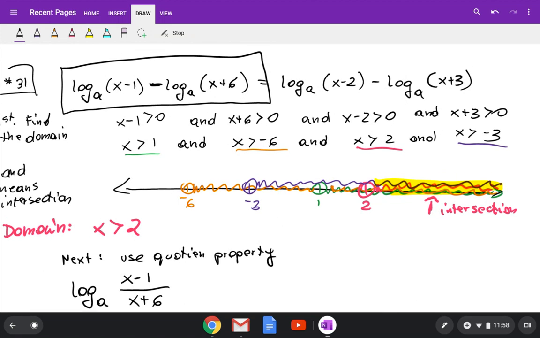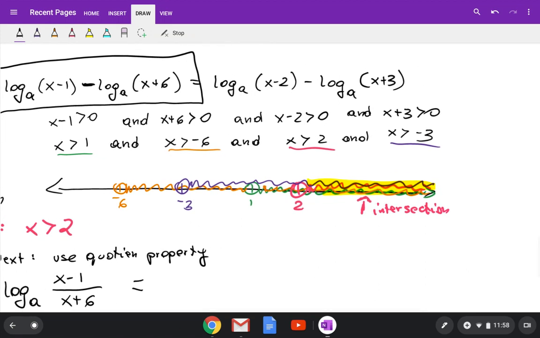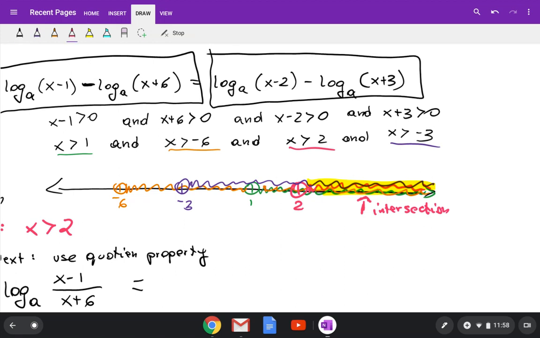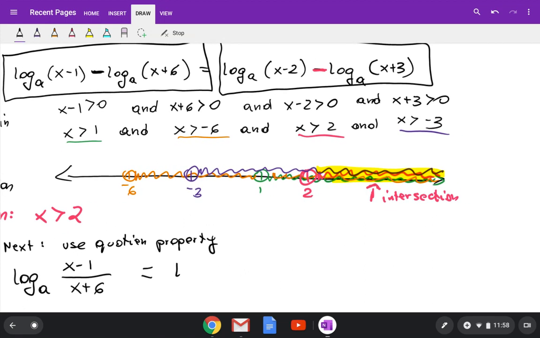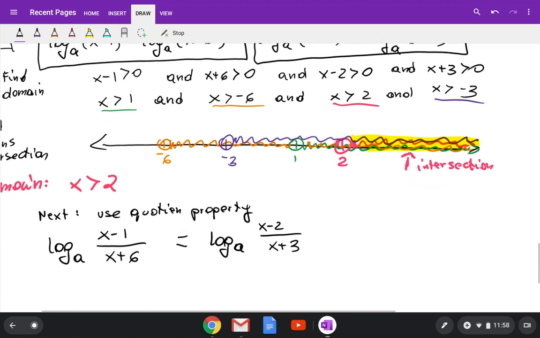Equal. On the right side, you're also going to apply the quotient property because we have that difference. Difference of logs equals log of a quotient. So I'm going to rewrite this as log of base a of the quotient of x minus 2 and x plus 3. Now look what happened. You have log of base a on the left side, log of base a on the right side. What that means is you can ignore them.